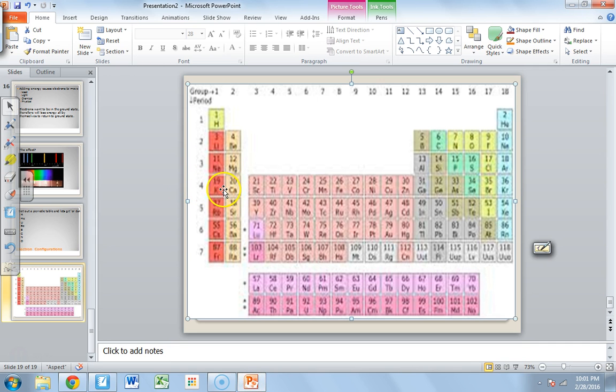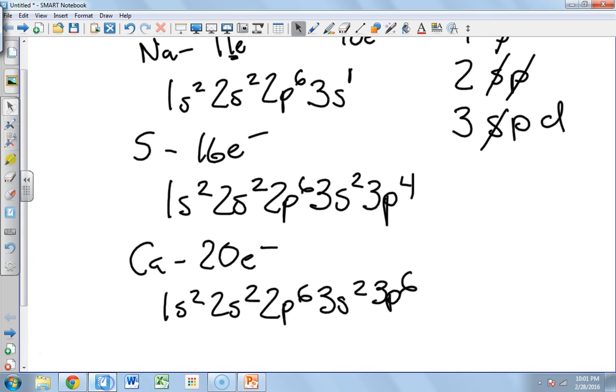It's in the 4th energy level, and it's on the s side. But you're saying, hey Walsh, we filled the 3p's. Shouldn't we fill the 3d's? Well, s, p, d, f. What does ground state mean? The lowest energy levels get filled.